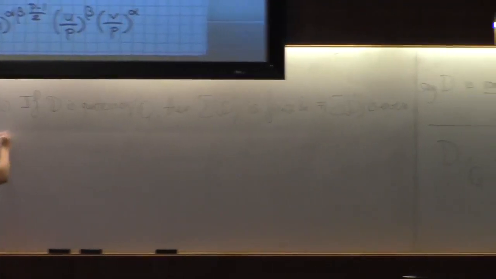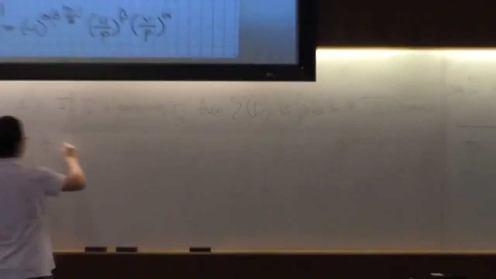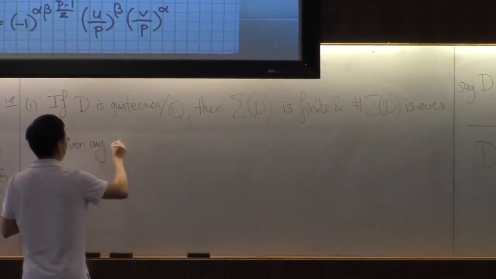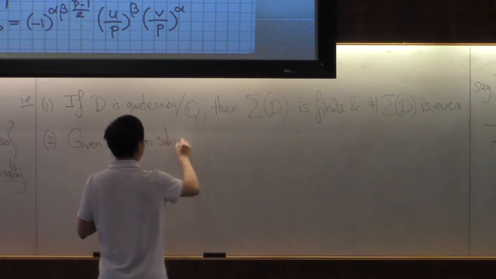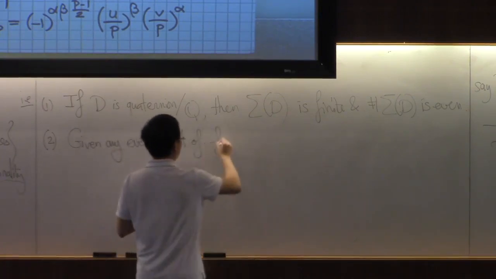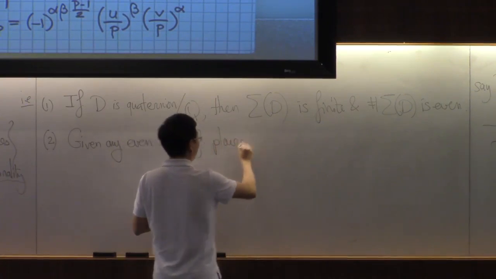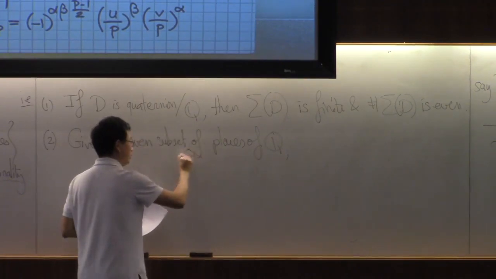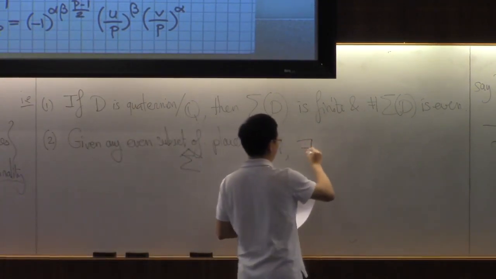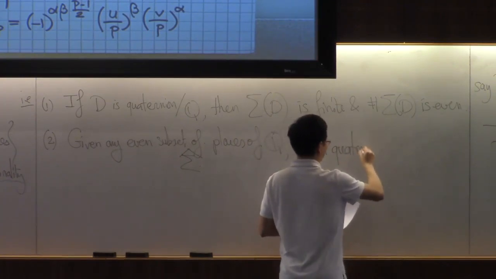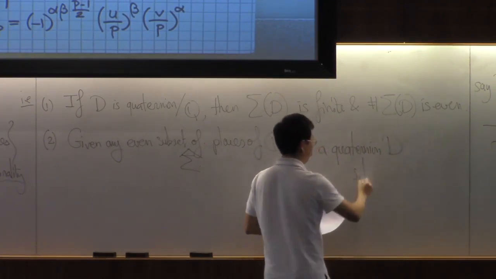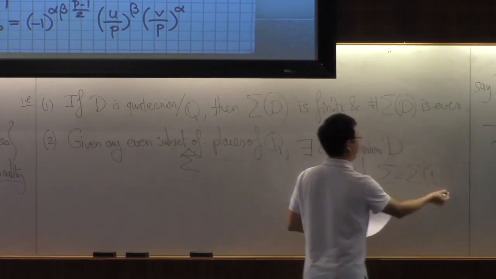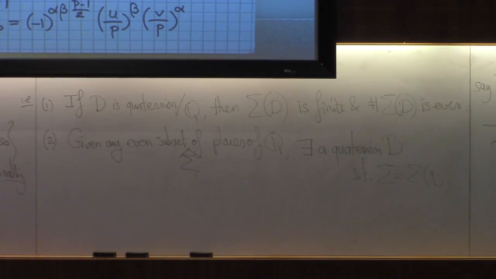Second, we said this is a one-to-one correspondence, so given any even subset sigma of places of Q, you can find a quaternion D such that sigma equals sigma D. By surjectivity, any such finite subset has a quaternion which ramifies exactly at this set.